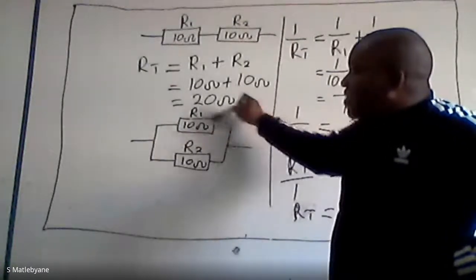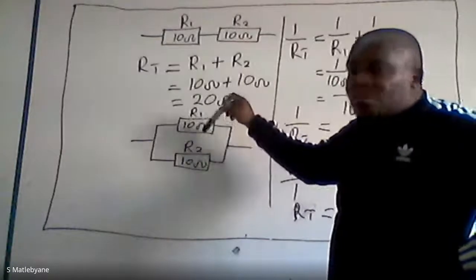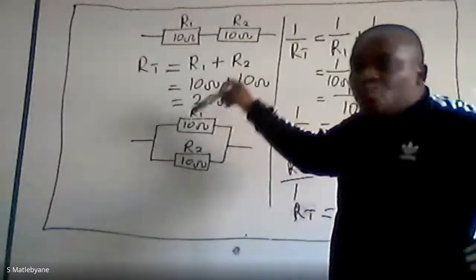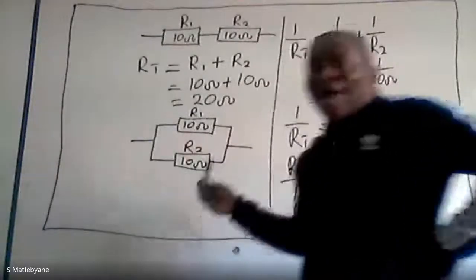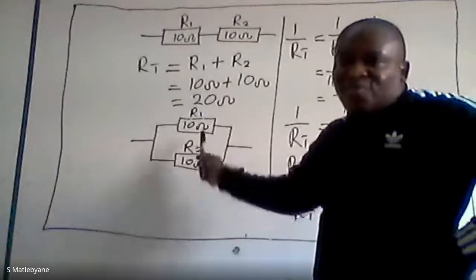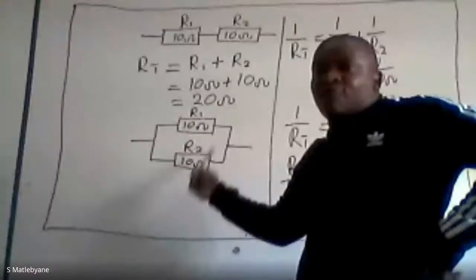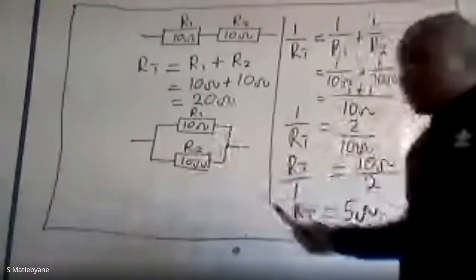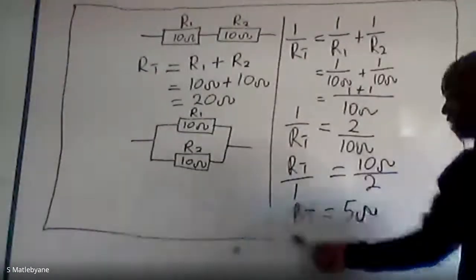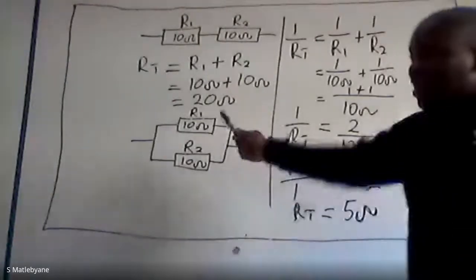When they are connected in parallel to each other, the value that you get must be smaller than the value of the smallest resistor that you have. So in this case, the smallest resistor that we have is 10, they are equal. So it means that our answer, 5, will be less than 10.